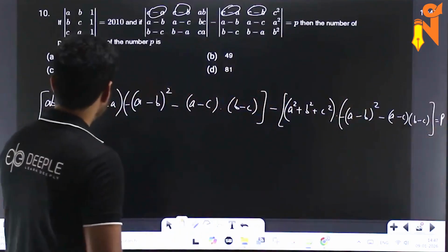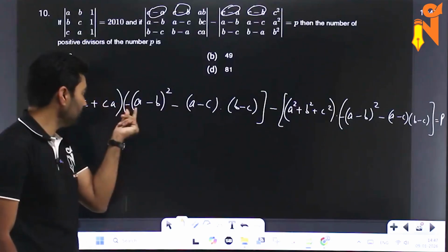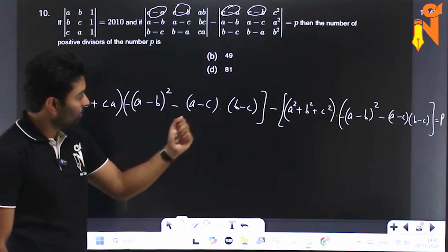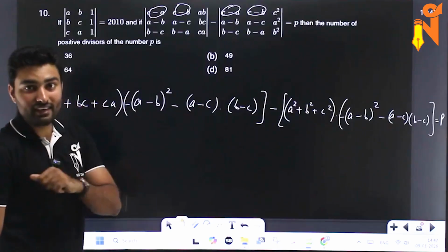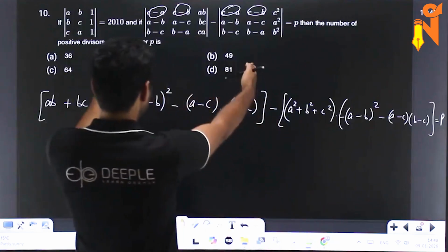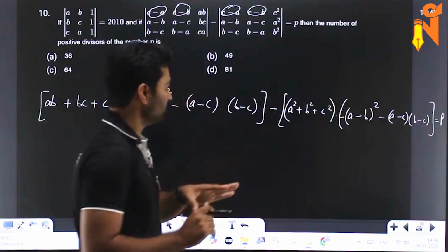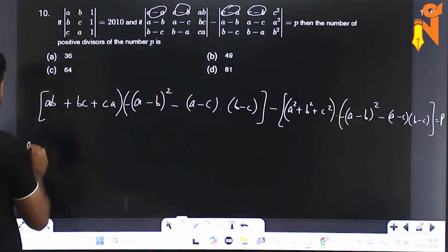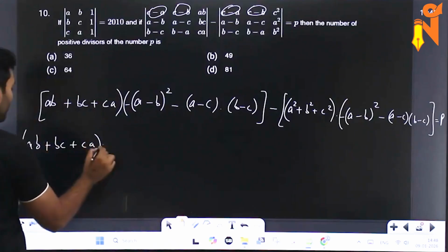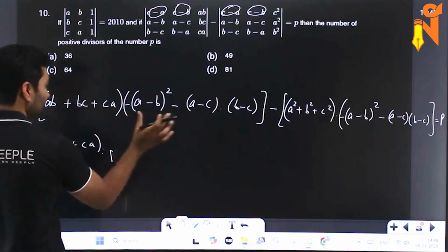Next, what can you do here? You can observe one point here, which is minus of A square, minus of B square, minus of C square, right? And this expression is exactly the same here. So can I say that AB plus BC plus CA into, I will take this expression common.